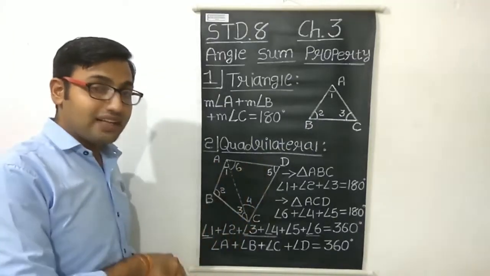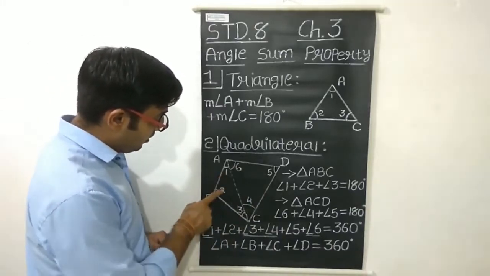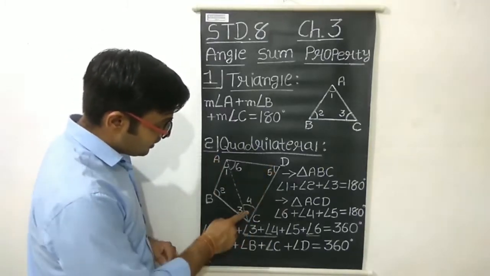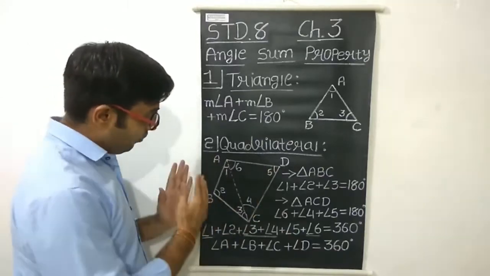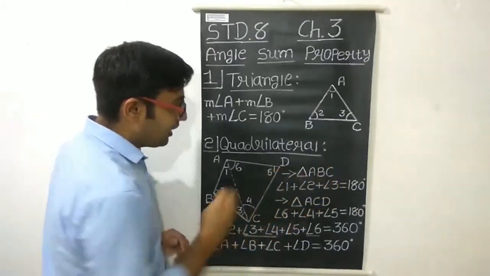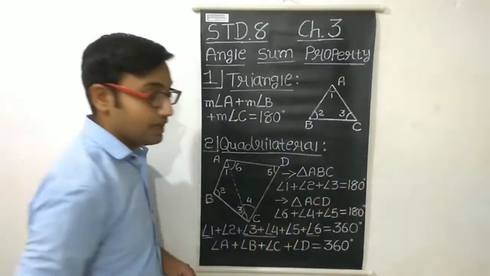So let us name the angles of ABC as 1, 2 and 3, and the three angles of ACD, let us give the names 4, 5 and 6. Okay. Now we can state that in triangle ABC, angle 1 plus angle 2 plus angle 3 is equal to 180 degrees.